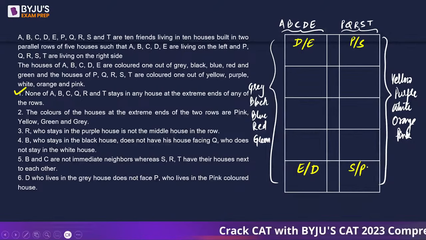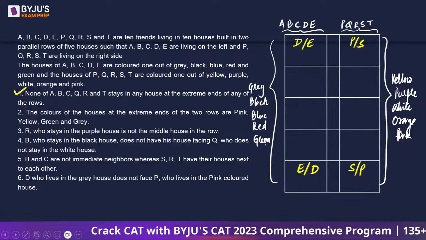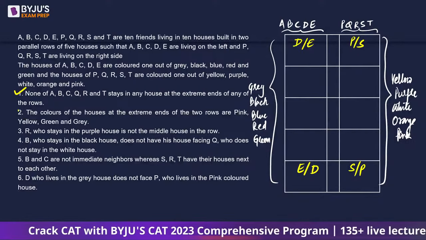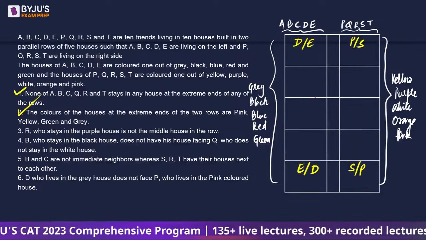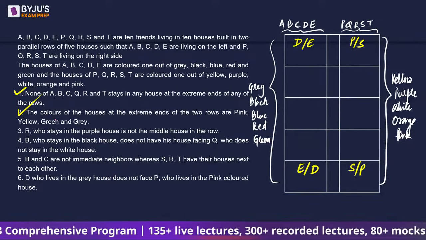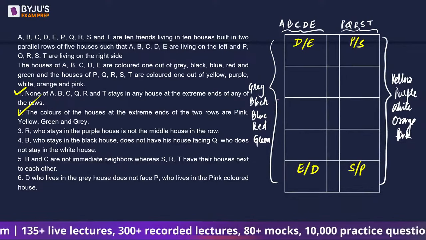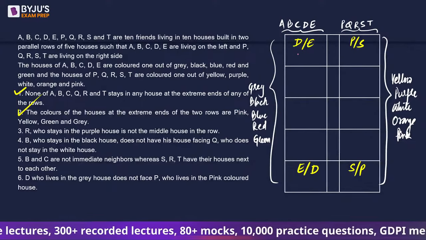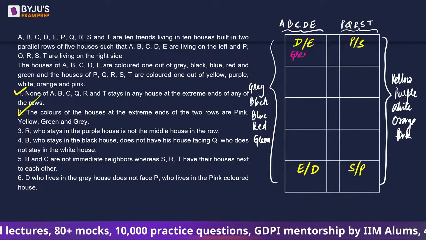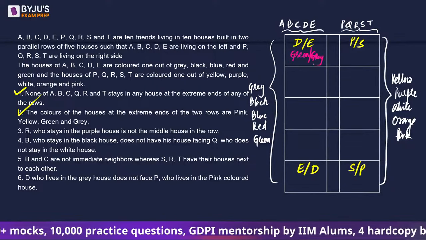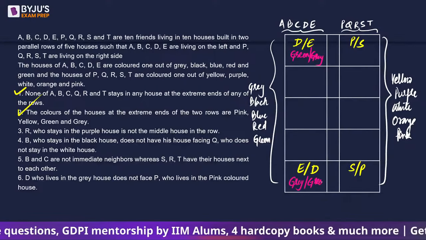Now, the colors of the houses at the extreme ends of the 2 rows are pink, yellow, green and gray. So let's use this. For color I'm using a different color marker. So we have pink and yellow, green and gray. So can we say we will be having green here or gray? And accordingly we are going to have gray here or green, because on the left side there are only these 2 colors.